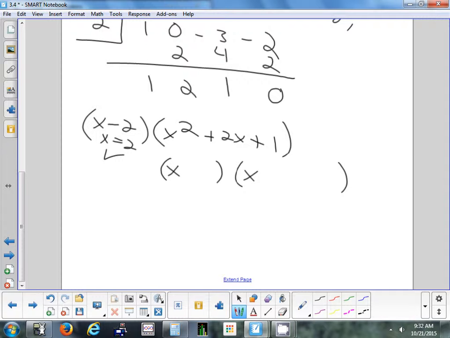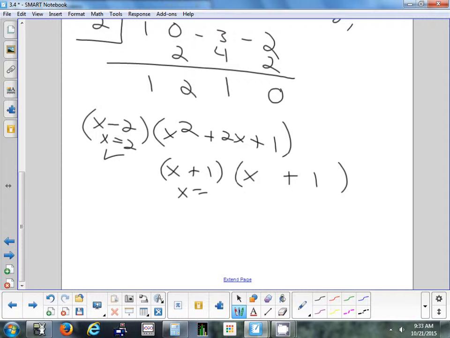How does that factor? We could try plus 1 and plus 1. Yep. Now let's try it. X squared plus x, that's 2x, plus 1.